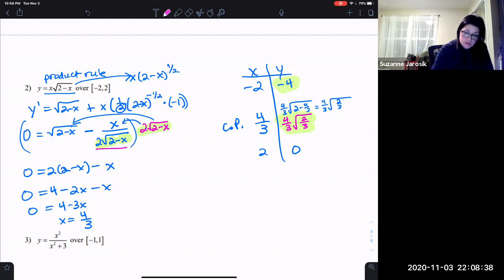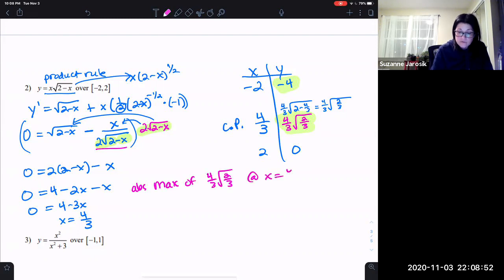Okay. So max of 4/3 root 2/3 at x equals 4/3. And absolute min of -4 at x equals -2.